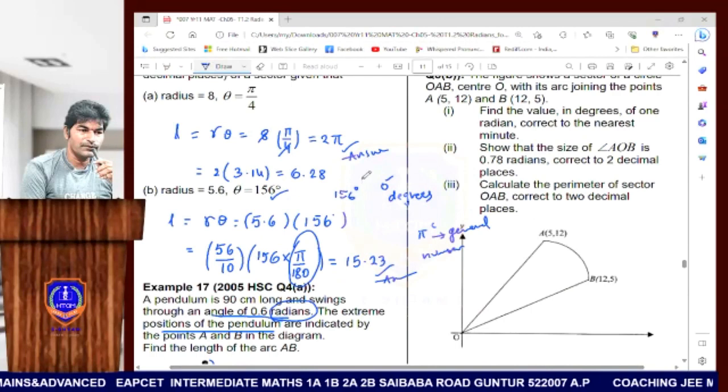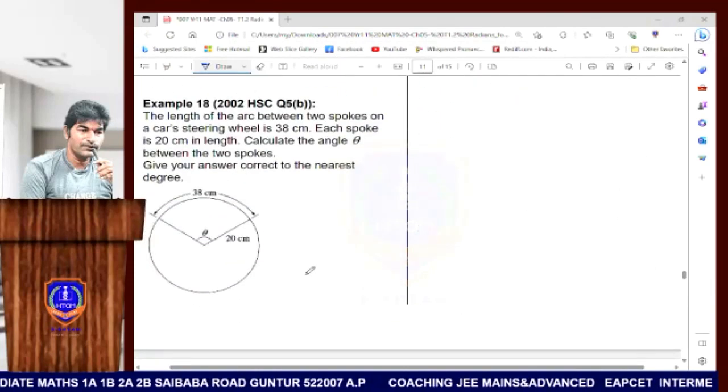The degree sign is written, but either we can write it or neglect it, no issue. The procedure to convert degrees into radians is just multiply that degree number, 156 for example in the previous question, with pi by 180. That means you are converting degrees into general radians.